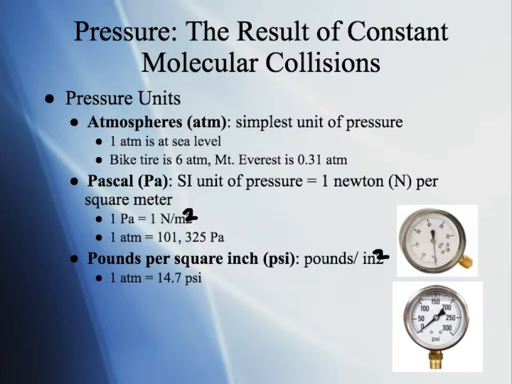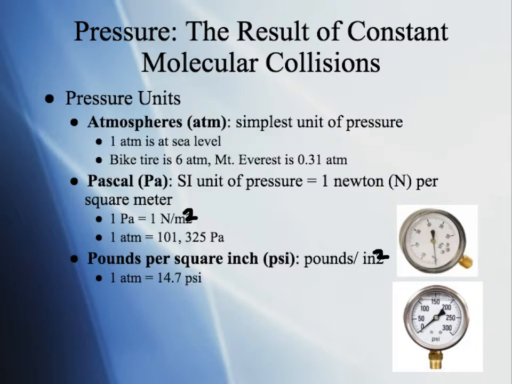Now, a pascal is equal to 1 newton per square meter, and a newton is basically a way we measure force. So it's force divided by area. Like we saw before, pressure is force divided by area, or newtons per square meter. So 1 pascal is equal to 1 newton per square meter.